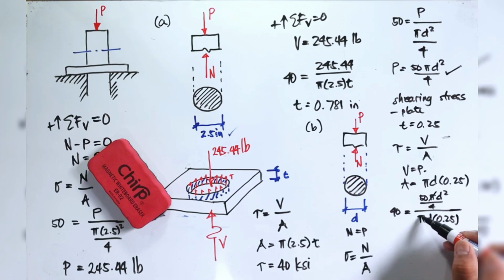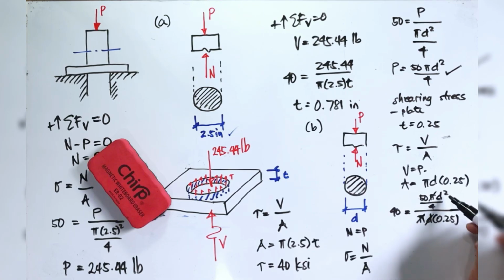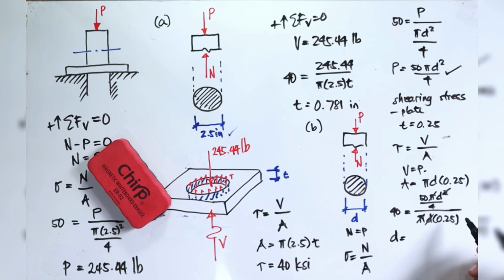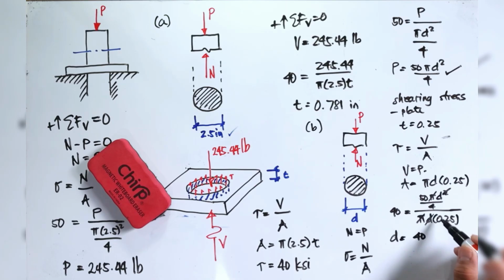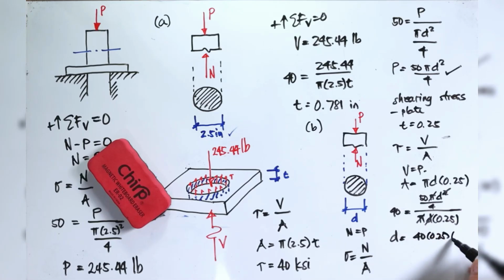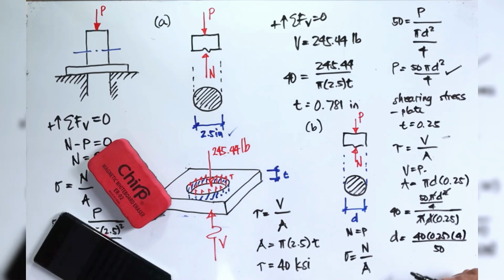So the d over here cancels out, so we only have one d here. So our d is now 40 times 0.25 times 4 divided by 50. d equals 0.8 inch.